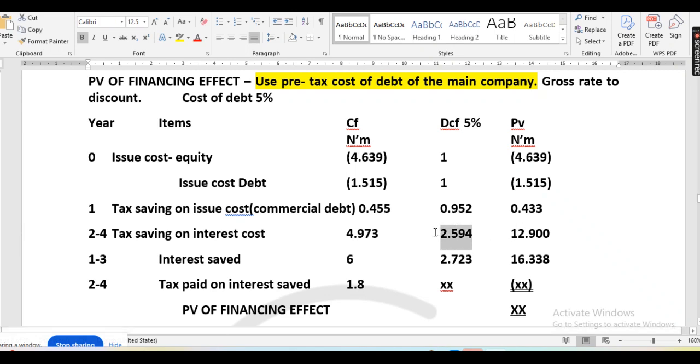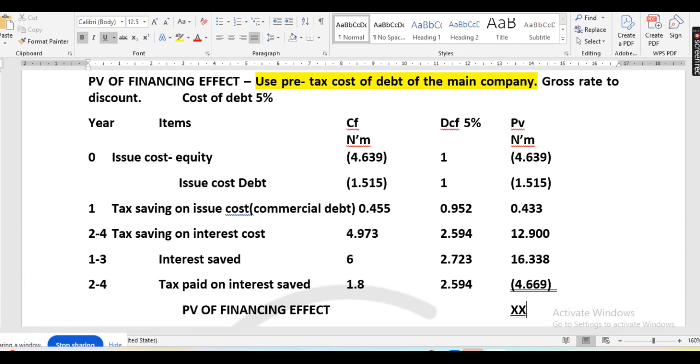We just copy and paste here. Then what do we have here? 4.669. Okay. What is the PV of financing effect?